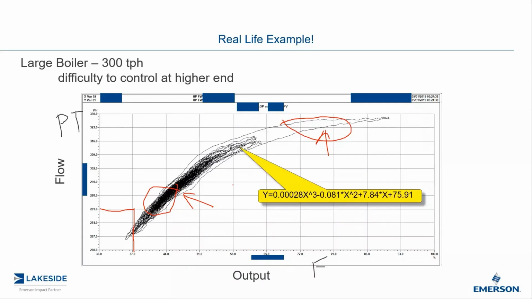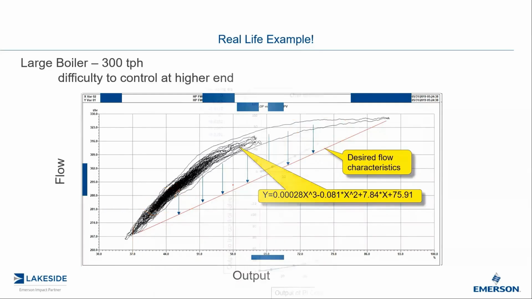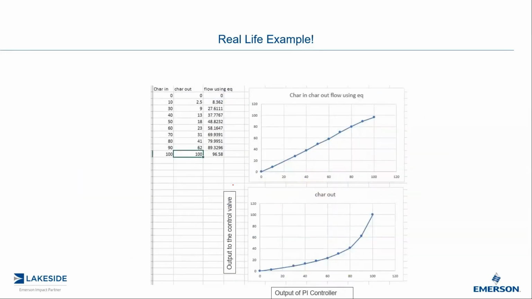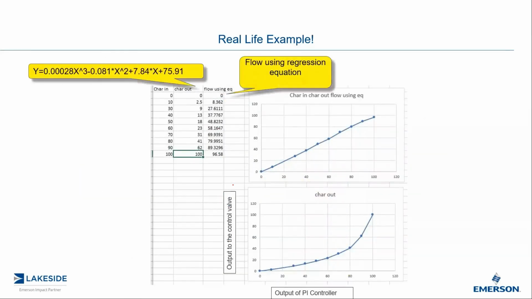Just like I showed you before, I developed a regression and used a cubic equation, and that's the cubic equation, which I then use to calculate to linearize the flow characteristic. And once again, you could see here that is the characterizer.